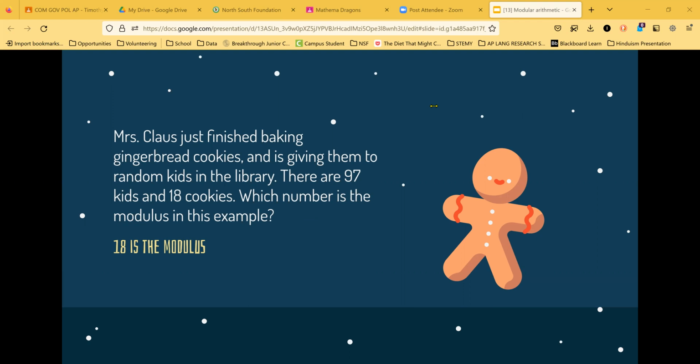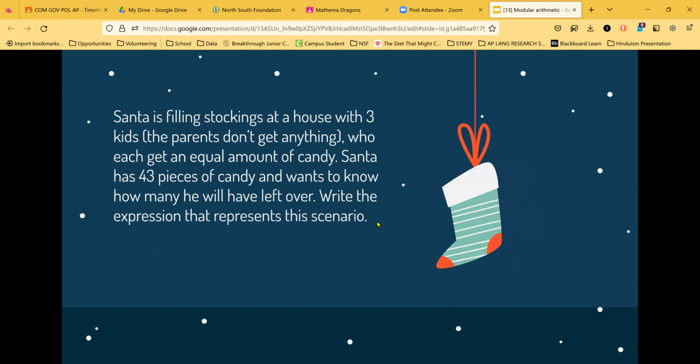Okay, I am seeing some answers. So yes, it would be 7, because we do 97 divided by 18 and see that it is 5, and 5 times 18 is 90. So 97 divided by 18 is 5, remainder 7. That means there would be 7 kids not assigned to a cookie.